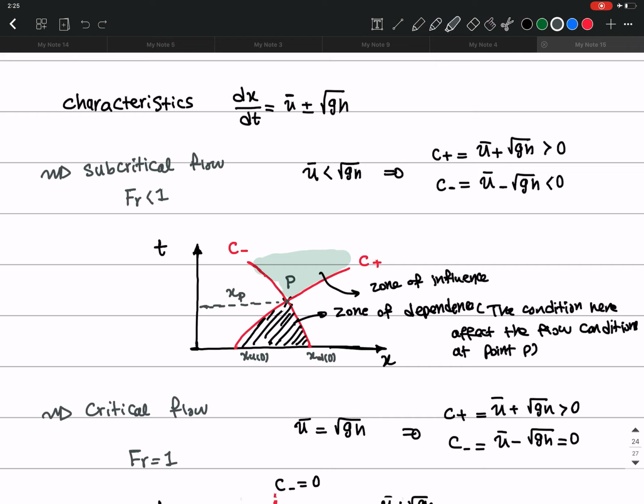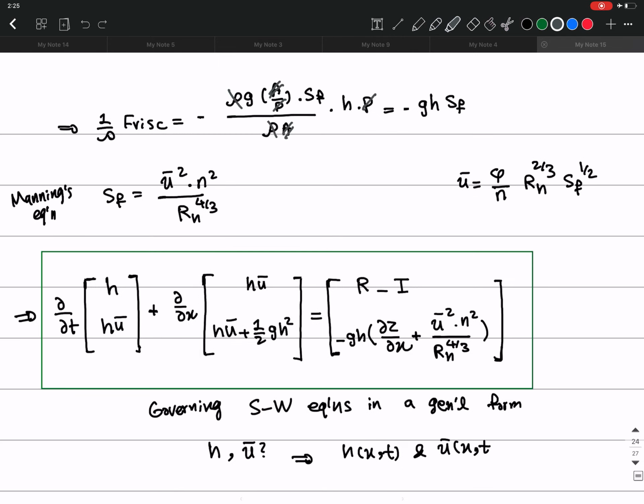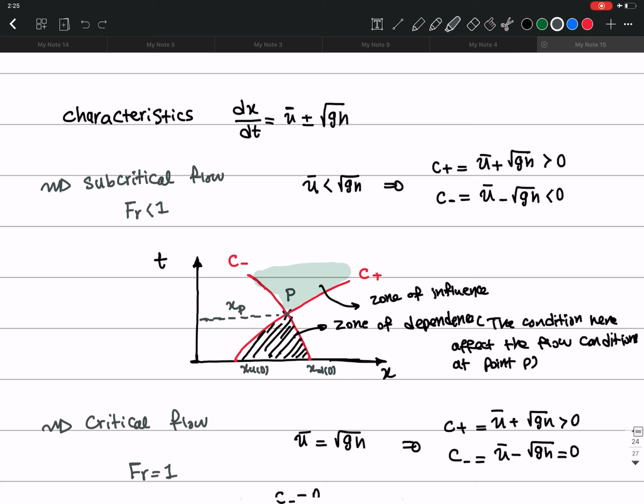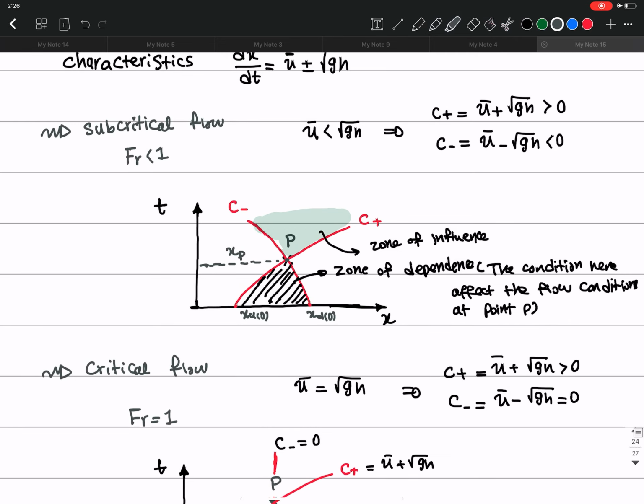So, for example, whatever happens in the past in this region is going to influence P. So P is dependent on this region, and whatever happens in the future in this region depends on point P here. So P is going to influence that region, okay? These are just some conventions, the way that they name these regions.